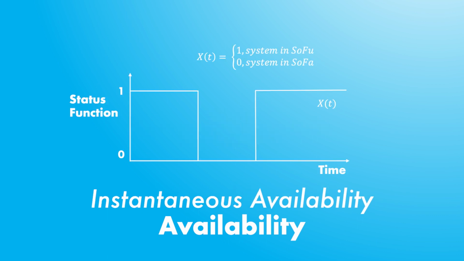In order to define instantaneous availability, we need to define a function. This function is called the status function, X of t. X of t equals 1 when the system is functioning, so we are in a state of functioning, and it is defined as 0 when we are in maintenance, in a state of failure.